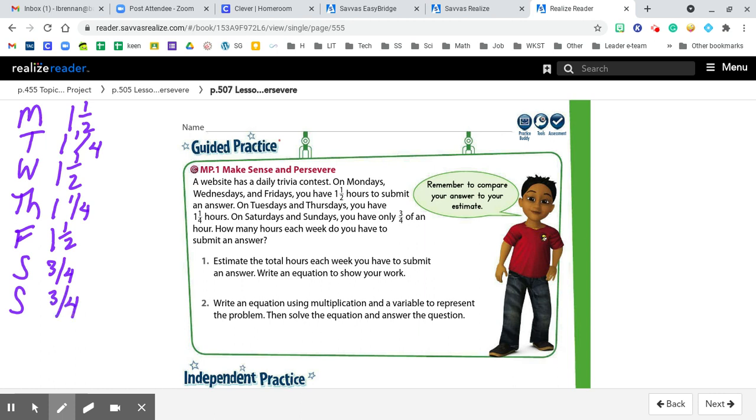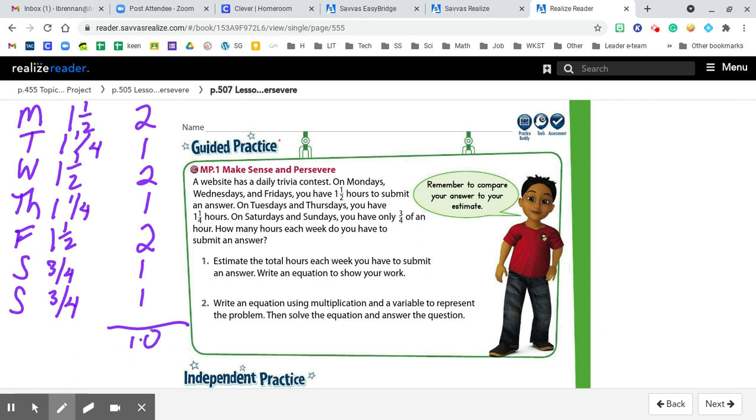Estimate the total hours. I'll round 1.5 up to 2, 1.25 down to 1, up to 2, down to 1, up to 2, 1 and 1. So when I estimate, I get 2, 4, 6, 8, 10 hours will be my estimate.